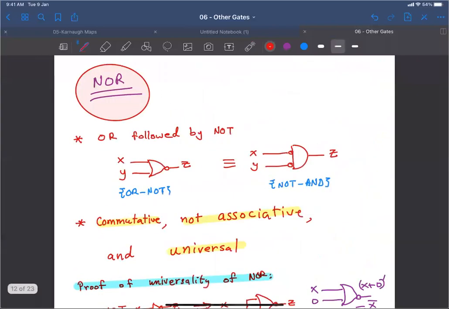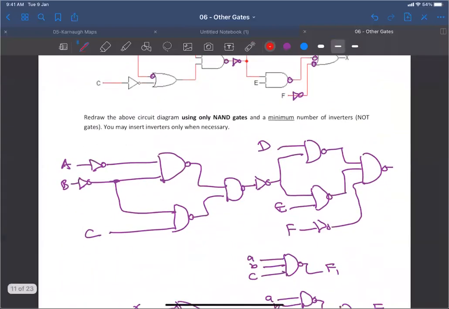How about this one? 1, 2, 3, 4. Okay, 4 inverters. Somehow the NAND implementation here is better by 1 inverter.